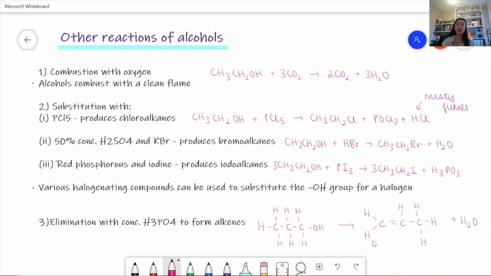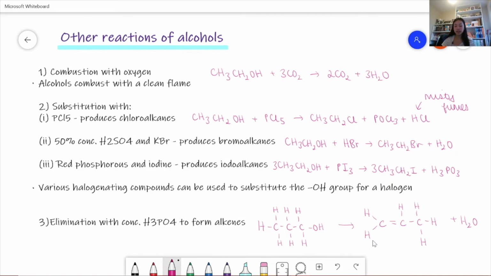So reflux is when we have the condensation tube on top of the pear-shaped flask, and so when the vapors condense, the condensed liquid then drips back into the flask. And then we also have the role of the reagent as the dehydrating agent. So the phosphoric acid is a dehydrating agent.